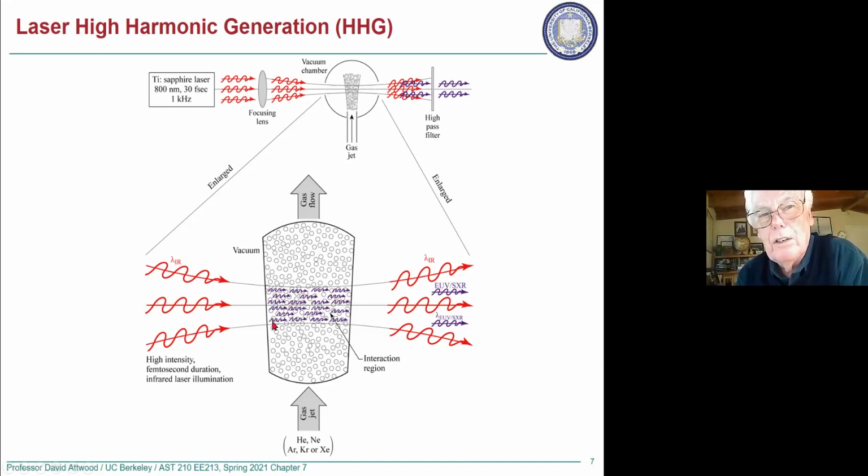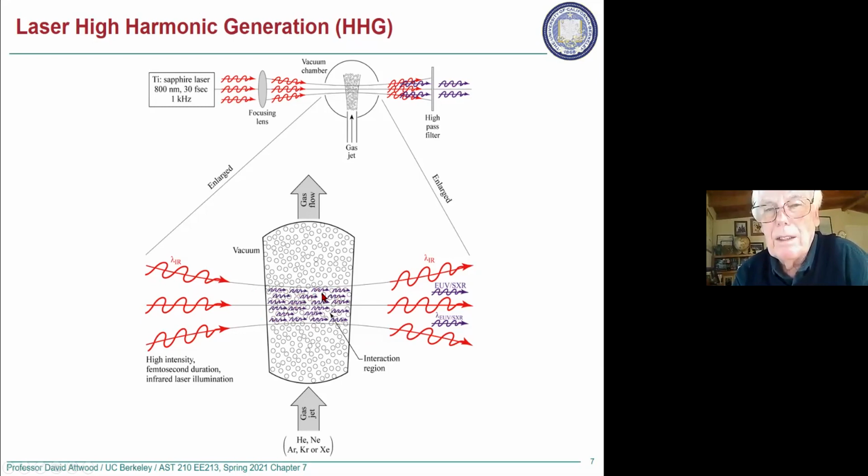So you need to maintain the phase velocity of the infrared driving laser going through with the phase velocity of the harmonics you're producing. And that also can be a limitation, and there are several effects, but one of them is the infrared laser's phase velocity is largely that in vacuum.